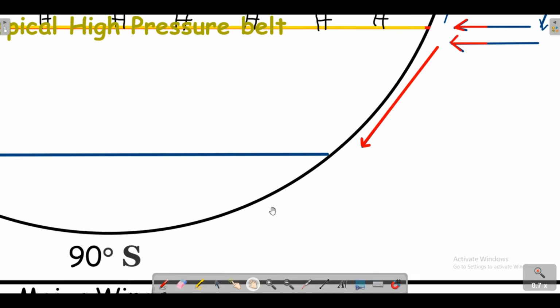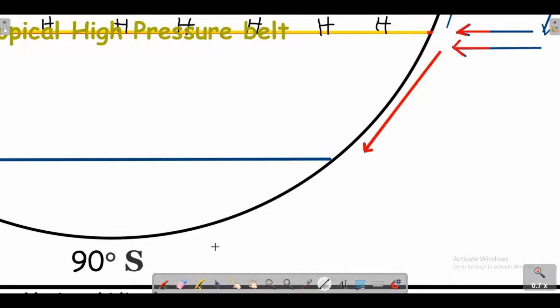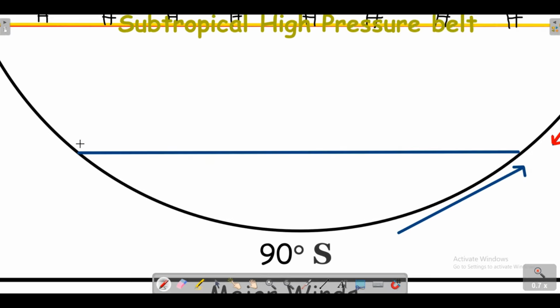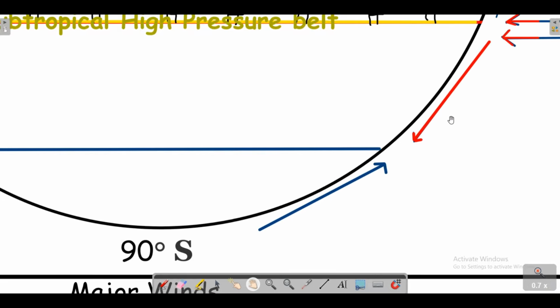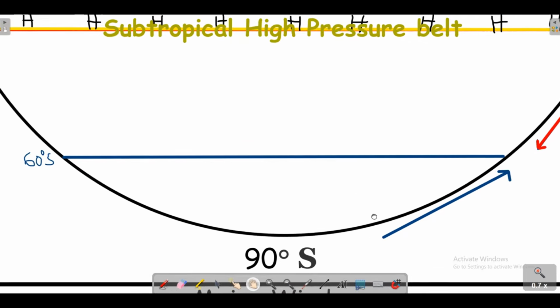And this warm air meets up with cold air from 90 degrees, and they meet up at around 60. This is 60 degrees south in this case. So warm air and cold air meet up at 60 degrees.